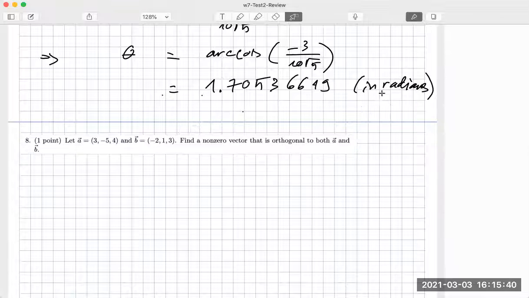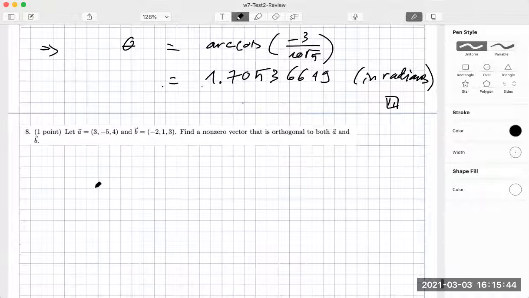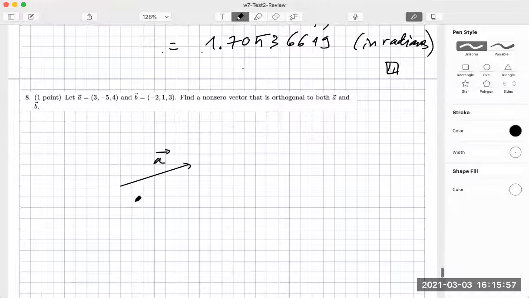So let us move on to question A here. Suppose we are given the vector A like this, and the vector B is somehow like this.